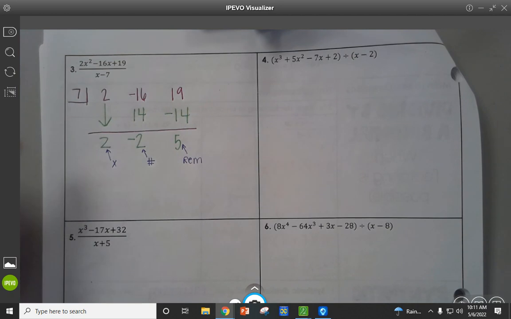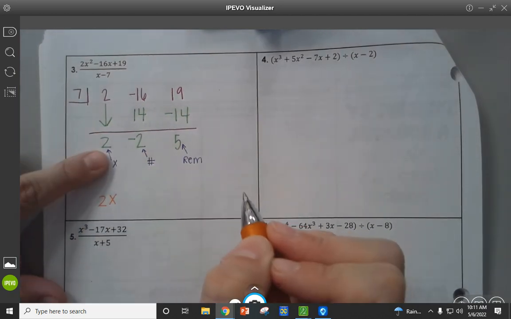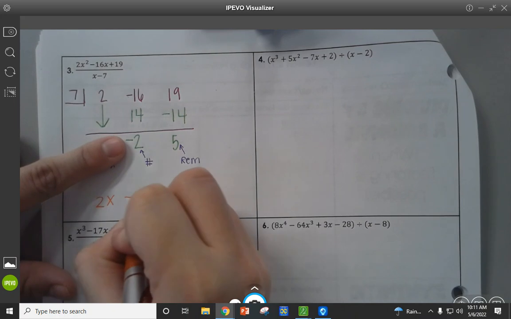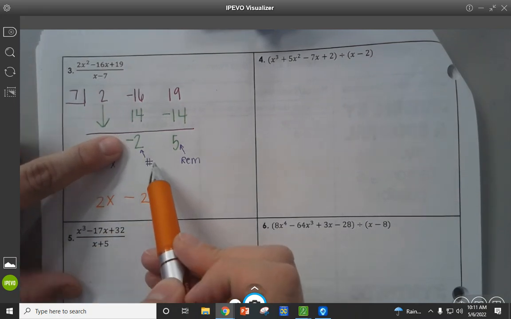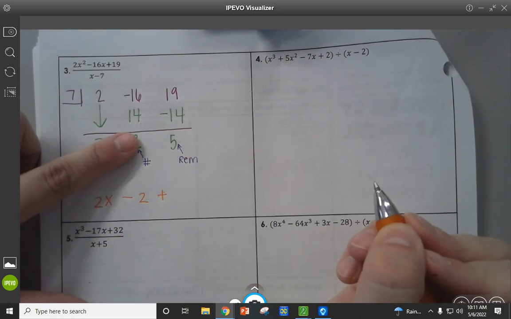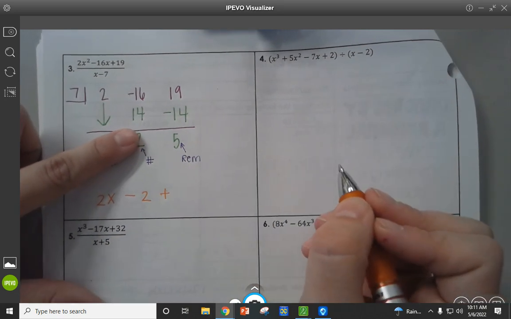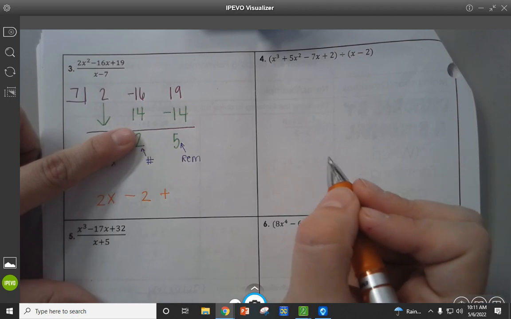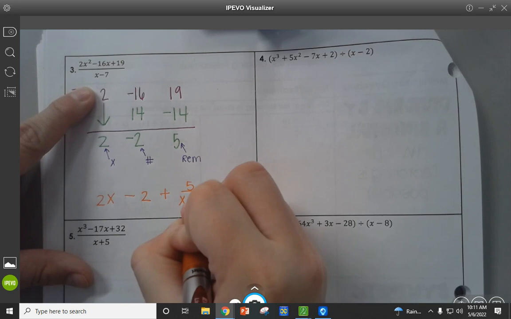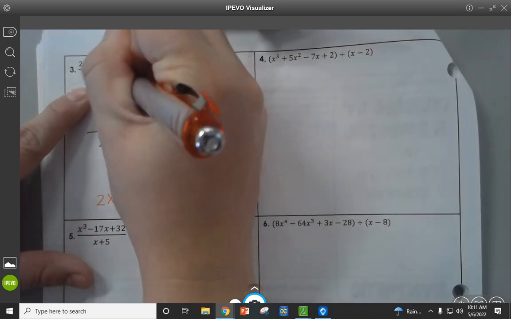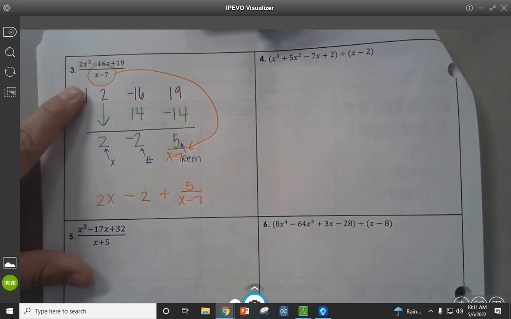So my final answer is 2x minus 2. It's just a number. It doesn't have any x's with it. Plus what? What did I say to do with that remainder? 5 over x minus 7. Because remember, your remainder, you put that under your remainder.